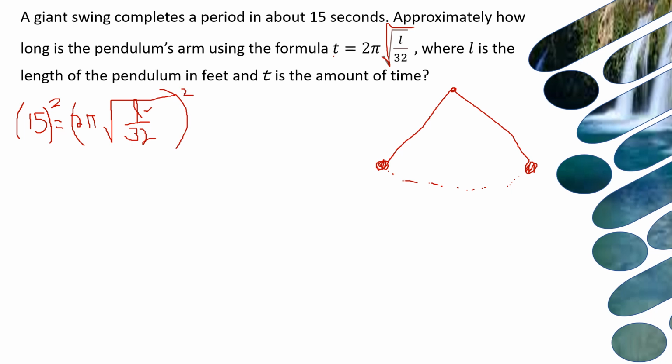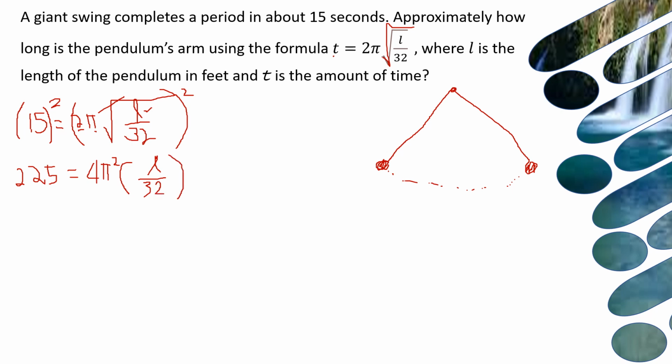So square the left side and square the right side. We get 15 squared, that's 225, equals the square of 2 is 4, while the square of pi is pi squared. The square of a square root just cancels out, so we have just L over 32 left.